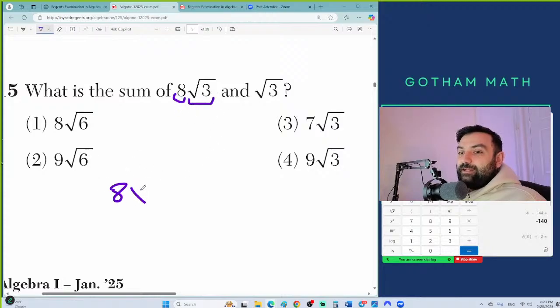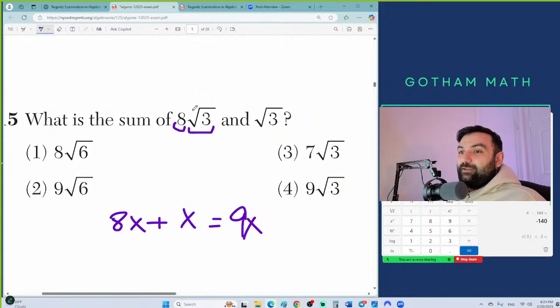What is 8x plus x? It's 9x, right? The same way radicals behave. It's 9 square root of 3, because the square root of 3 doesn't have a number in front. And when x doesn't have a number in front, we consider it 1. And so we do over here.